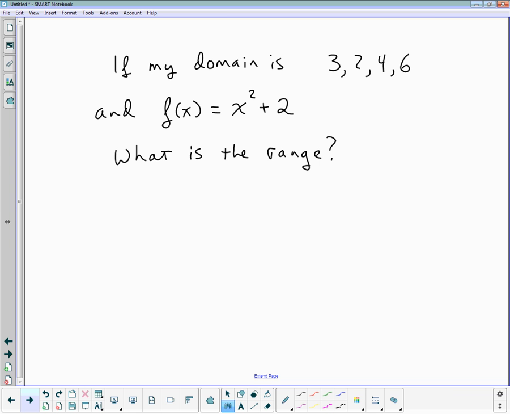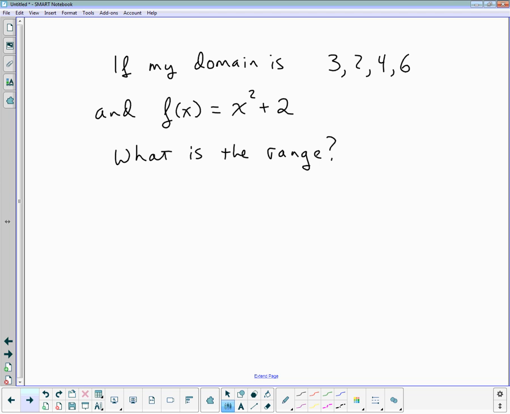You're going to plug them in and you're going to get outputs, right? Your inputs are your domain. Your output is your range. You plug in your domain, spin out your numbers, boom, there's your range.